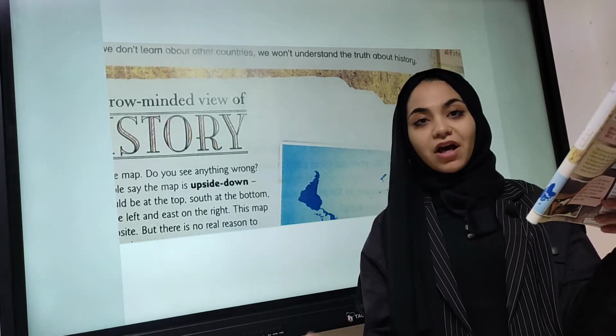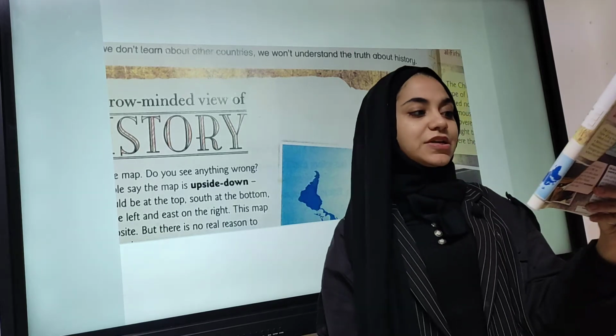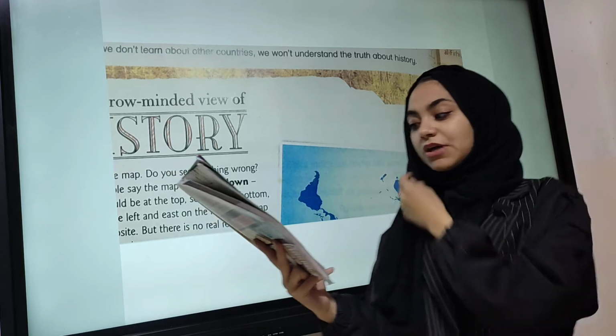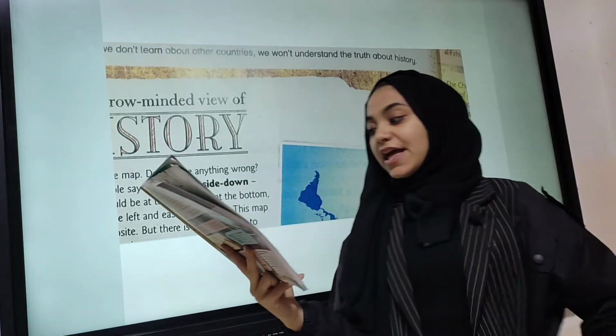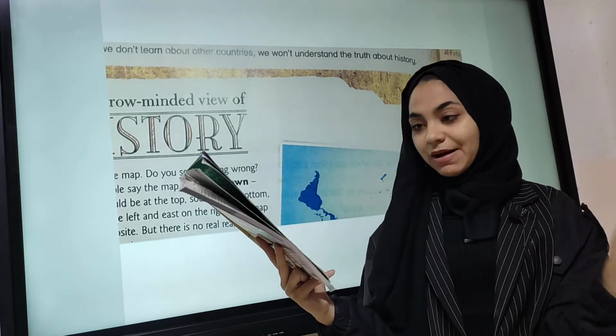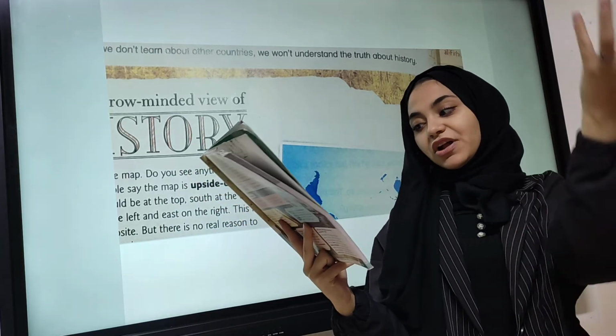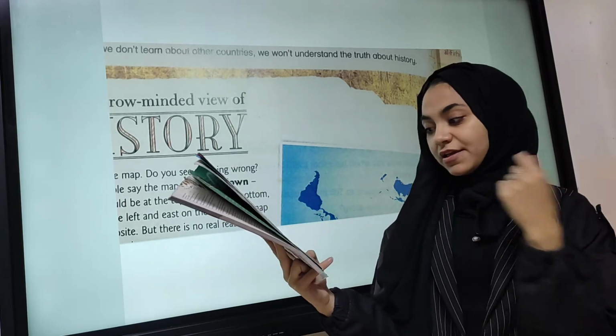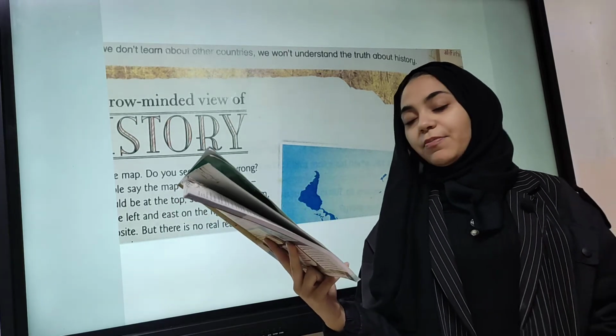So the map is the opposite. But there is no real reason to put north at the top. In 1976, an Australian, Stuart McArthur, created a famous map like this. He put Australia at the top because people often joked about his country being at the bottom of the world.